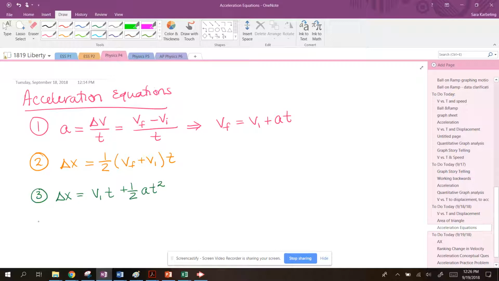And equation 4 is VF squared equals VI squared plus 2A delta x.